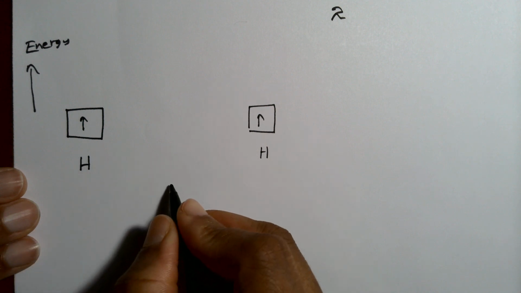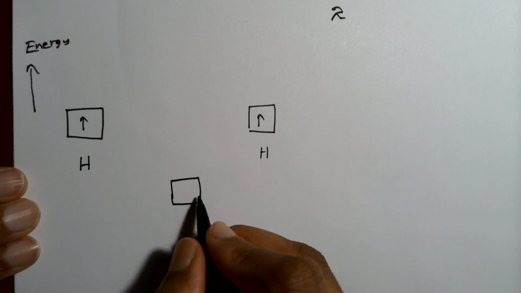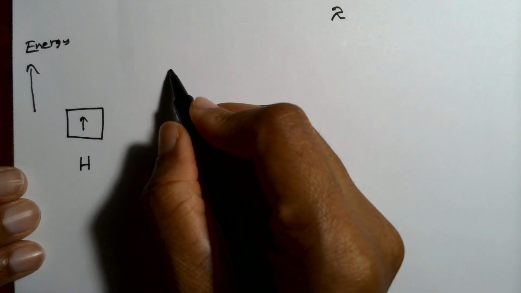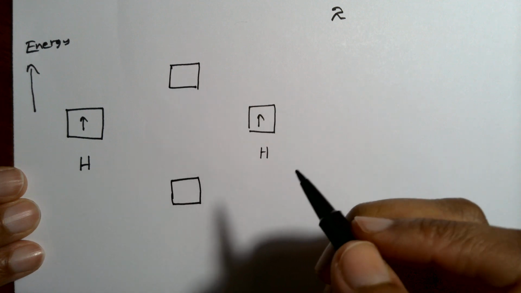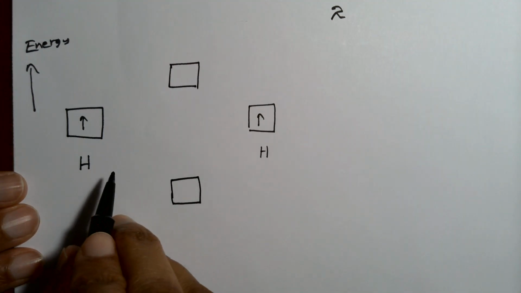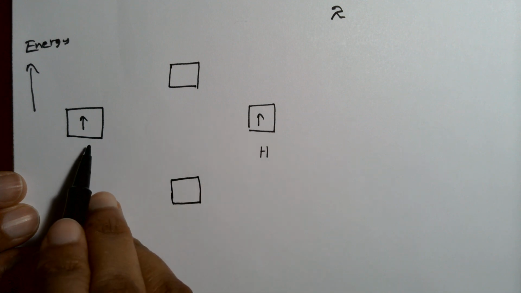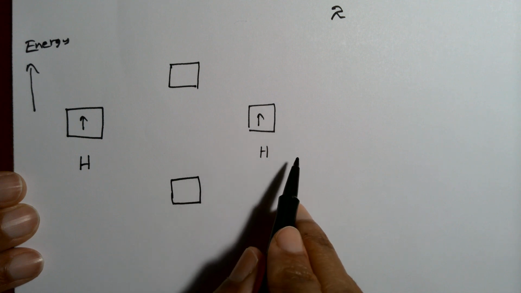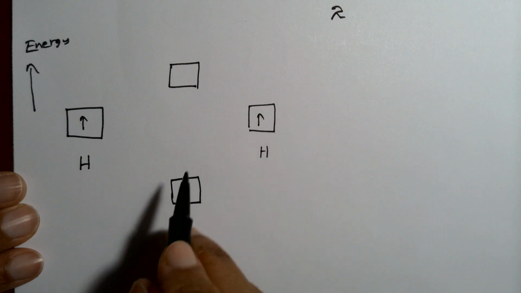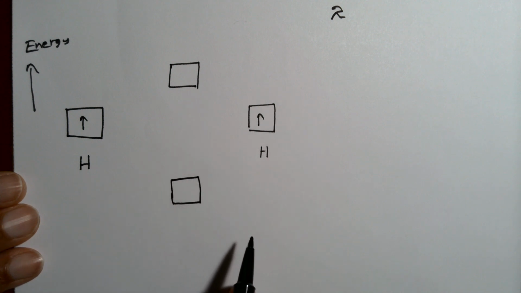These form one molecular orbital lower in energy and another molecular orbital higher in energy. And as we discussed in hybridization, the two hydrogen 1s1 atomic orbitals overlap along the internuclear axis. Therefore, these are sigma bonding and sigma anti-bonding molecular orbitals.